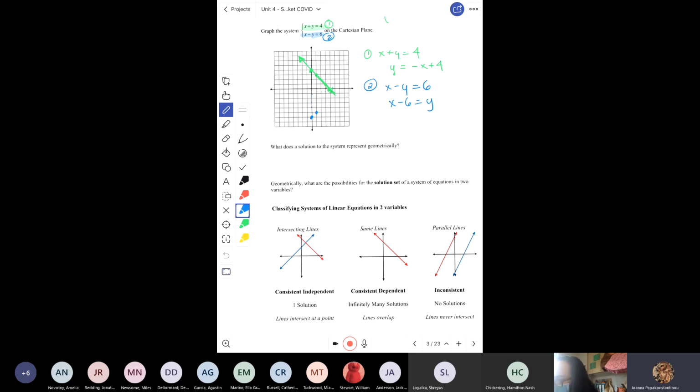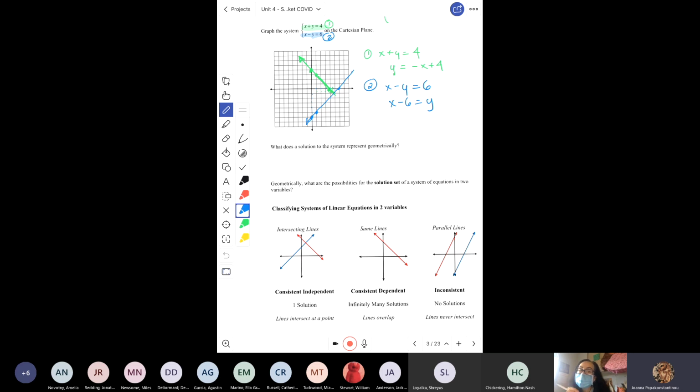And can you tell me what the x-intercept is? 6, 0. 1, 2, 3, 4, 5, 6. So at this point, we can say that there is a solution. These two lines are going to intersect.